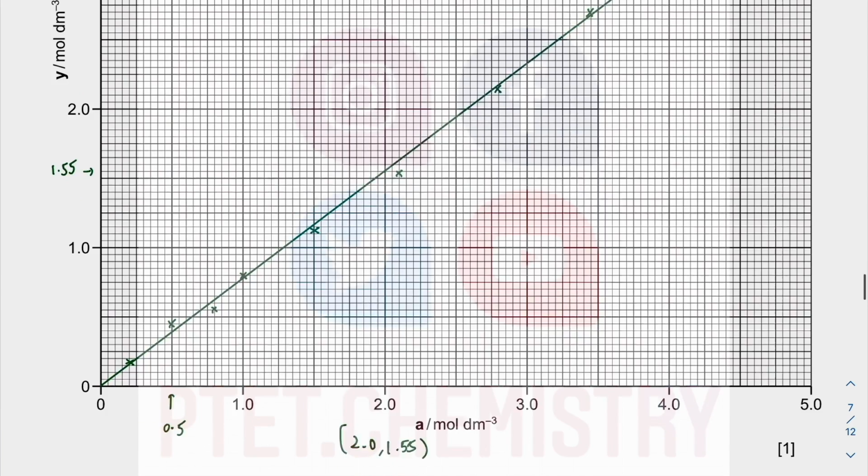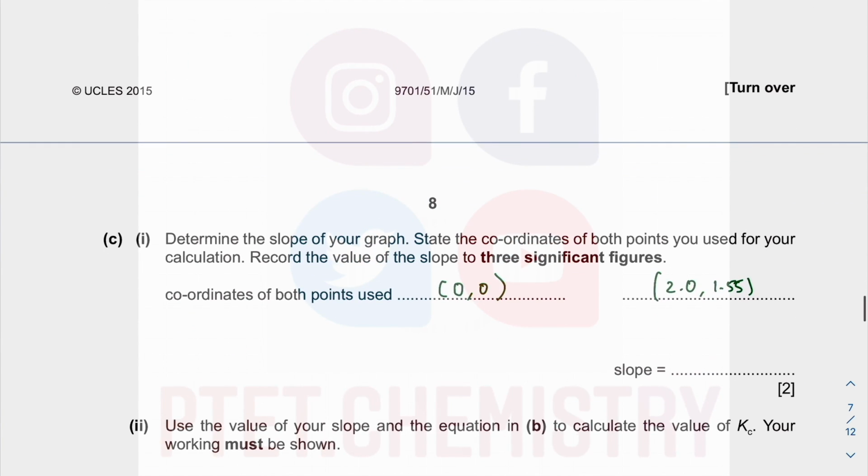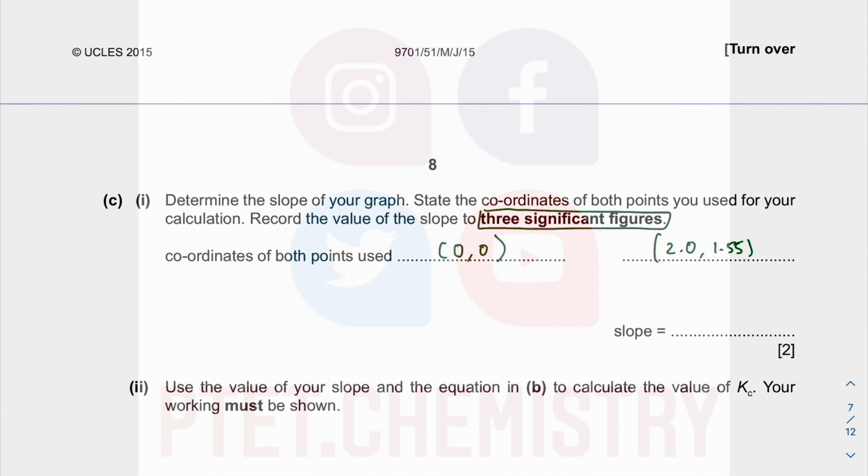But you have your own line, so you should use your own data. Don't be surprised that your value will be slightly different from mine, unless your graph was badly drawn. They just want the gradient, so the slope refers to the gradient. Remember, it was an upward slope. Upward slope means a positive gradient, which I'm sure you know from your gradient classes in lower secondary mathematics.